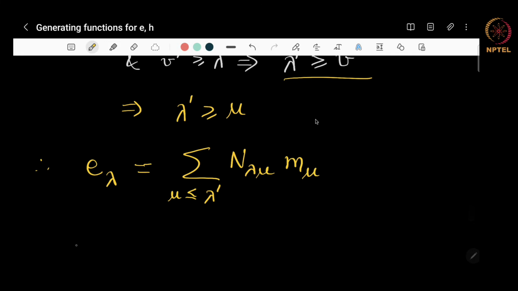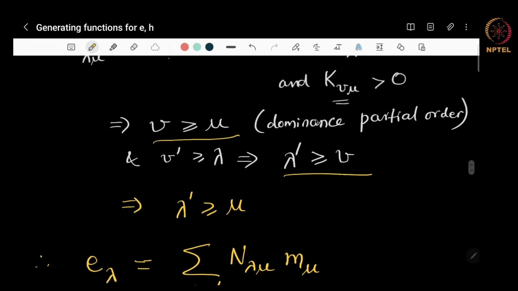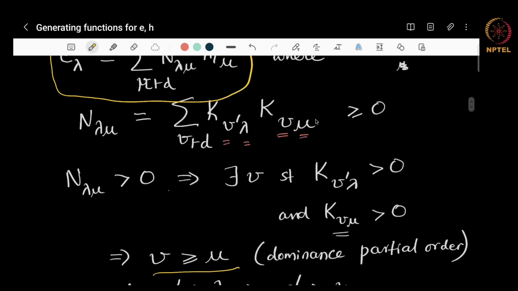So also here's the other interesting statement which is very easy to check again from the definition. If you put mu equals lambda prime, that's the extreme case. So let's go back and see what that would imply. If mu equals lambda prime, then you are trying to look for all nu.